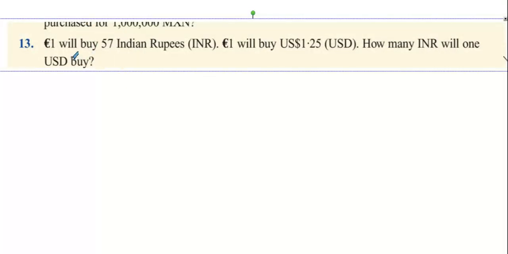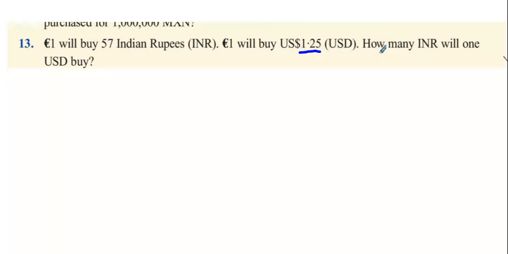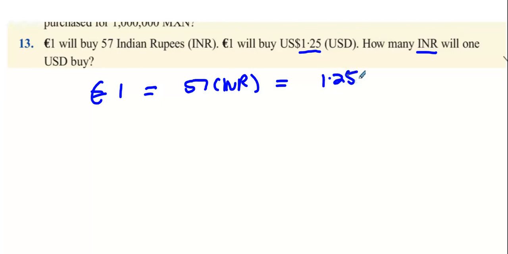13. €1 will buy 57 Indian rupees. €1 will also buy $1.25 US. How many Indian rupees will $1 buy? Okay, €1 equals 57 INR, and €1 also equals $1.25.